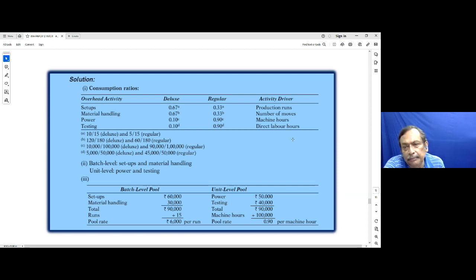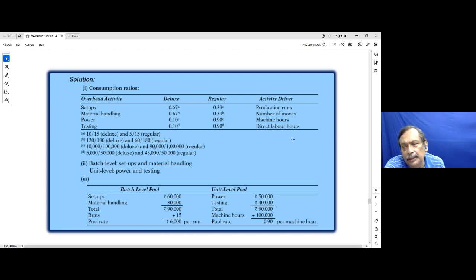Activity driver being production runs. Material handling, 120 by total 180 for deluxe and 60 out of 180 for regular. It comes to again 0.67 and 0.33.